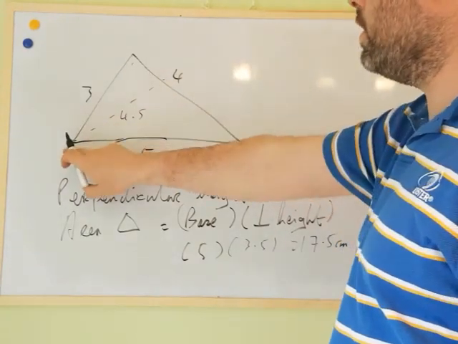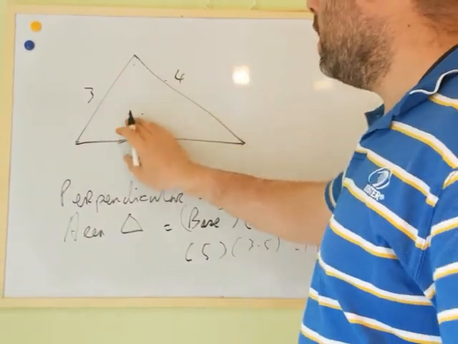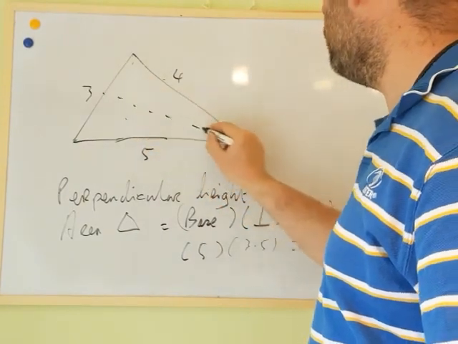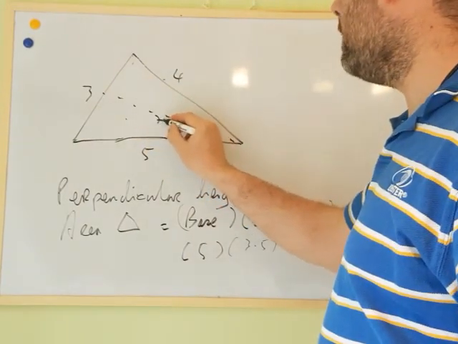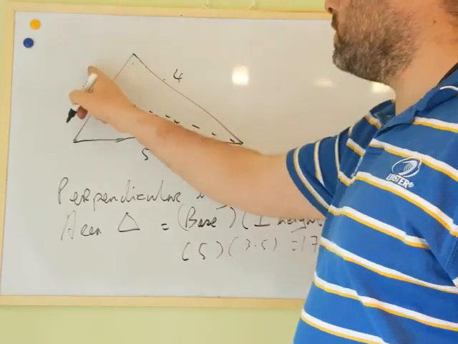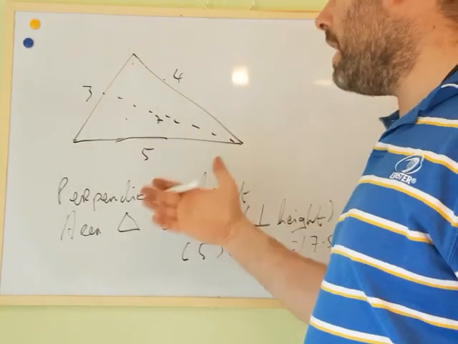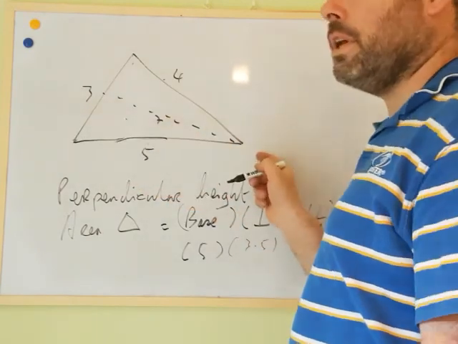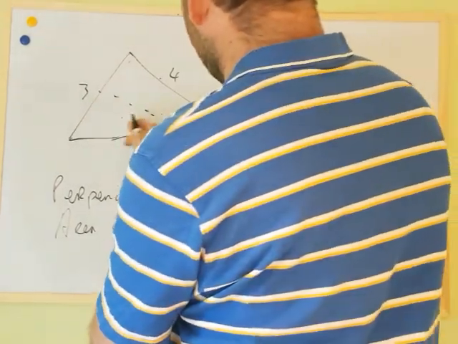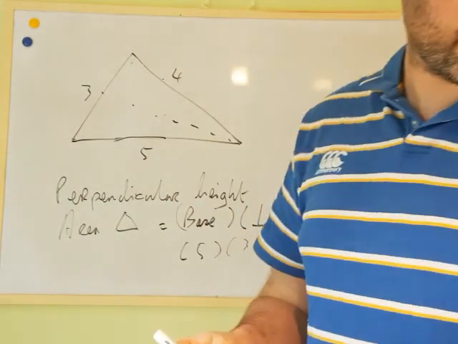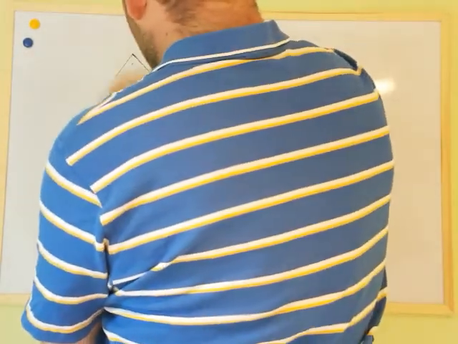Because the height is going from the corner to the opposite side. Likewise, if I had a line going from here, let's say 7, from the corner to the opposite side, it would be 7 by 3. It wouldn't be 7 by 5. So base means the side opposite the corner that your perpendicular height goes to. Okay, folks?